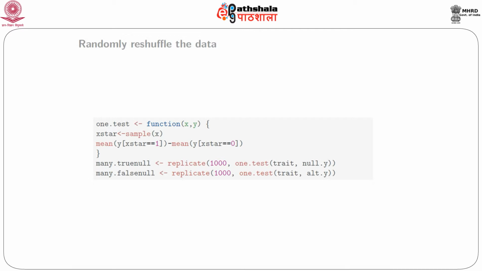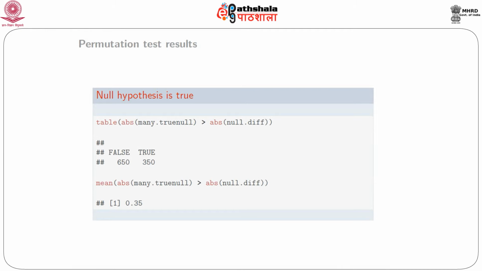Now, if we run this, we see the histogram of many.true.null, and on the histogram we can add where exactly is our null.difference value for the original data set.